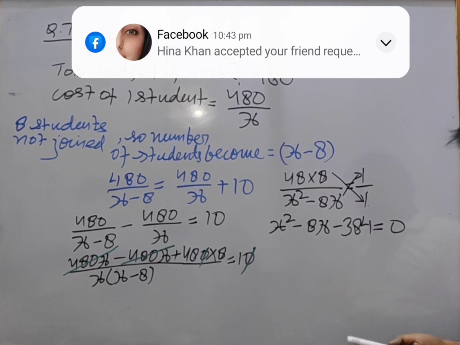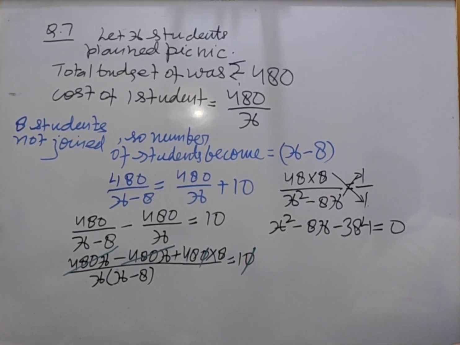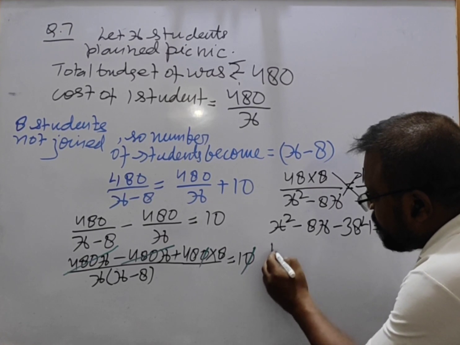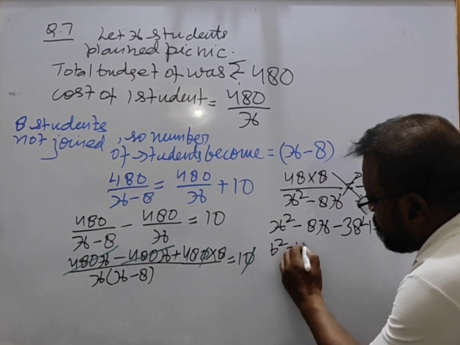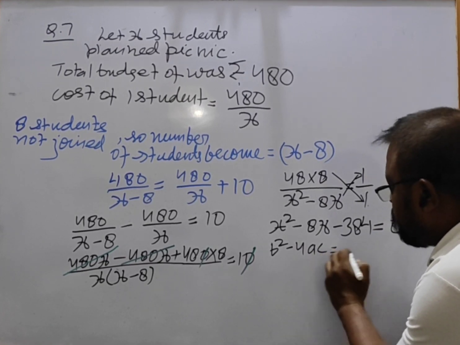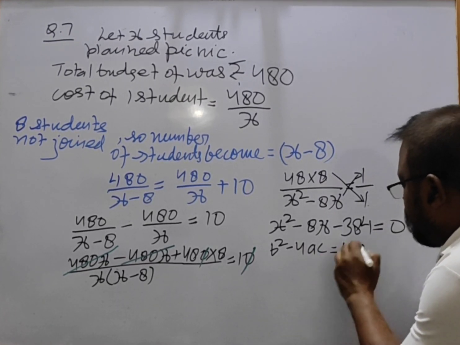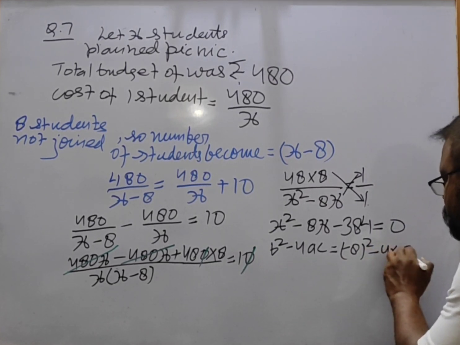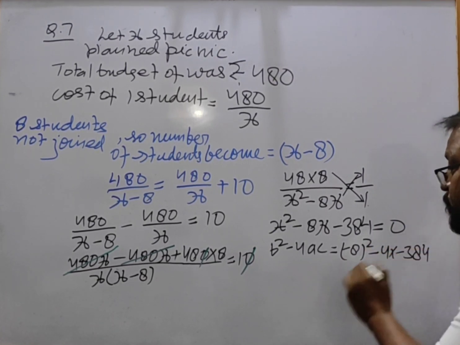Now if we go with the quadratic formula, b squared minus 4ac is equal to minus 8 whole square minus 4 into minus 384, right?